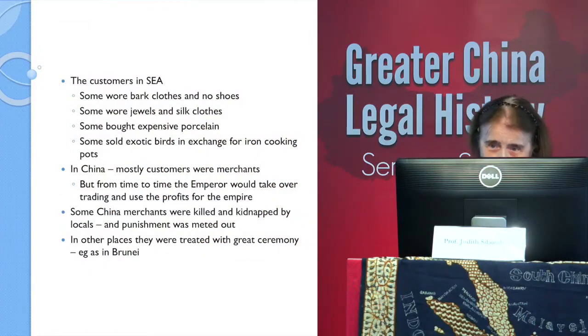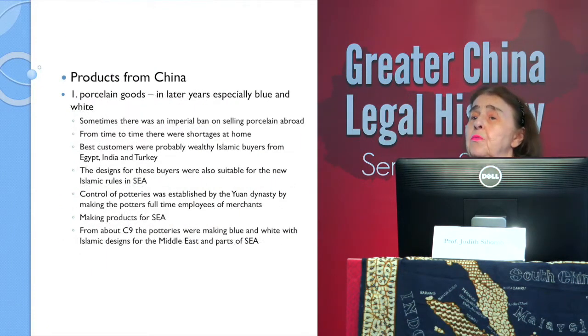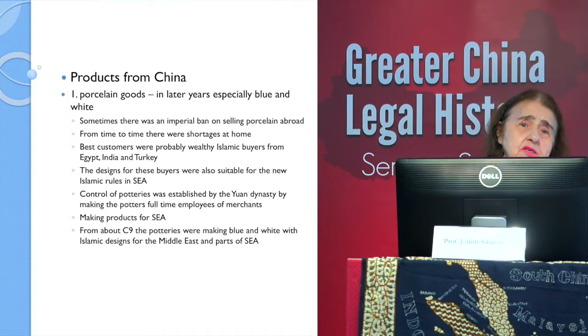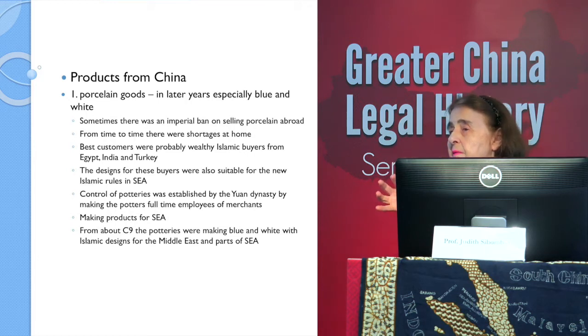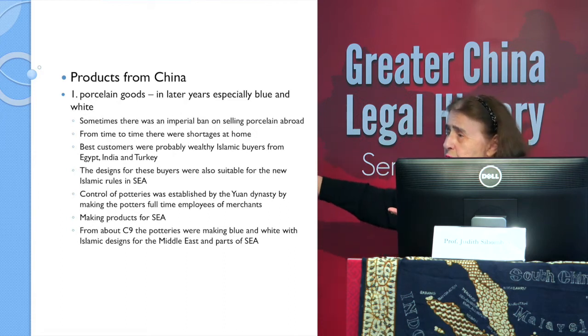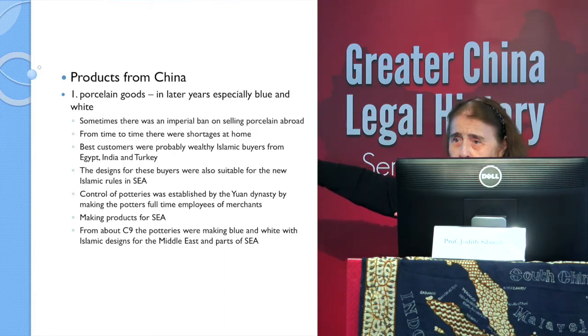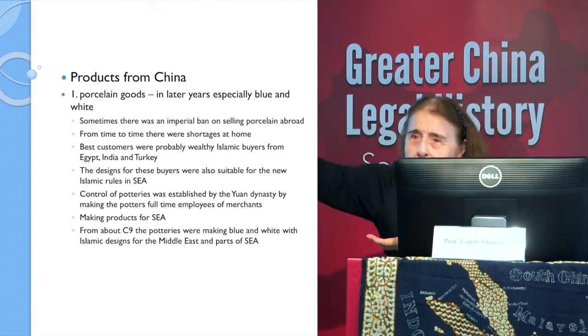Products, porcelain, especially blue and white, but in later years. Originally green, then if you mix with iron, red, and then with cobalt, you can get the blue and white. Now, I lived in central Java, and we were always seeing in the shops old articles of blue and white that came in from Surabaya on the east next to Bali, that came in from the Moluccas.